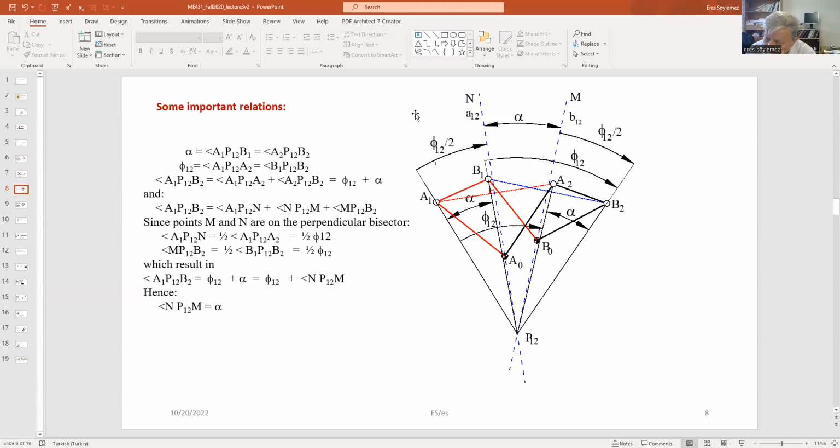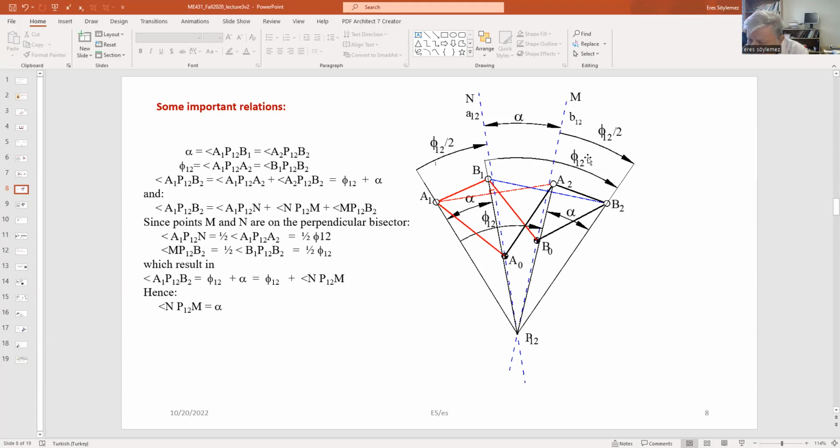If I select a point C1, P1 to C2, it will be equal to phi 1,2. So when you are given two positions of a moving plane, this point P12 and the angular rotation phi12 are invariant. They don't change.